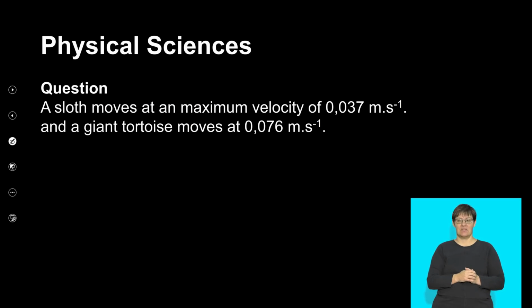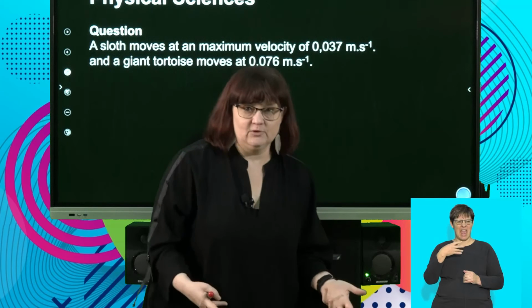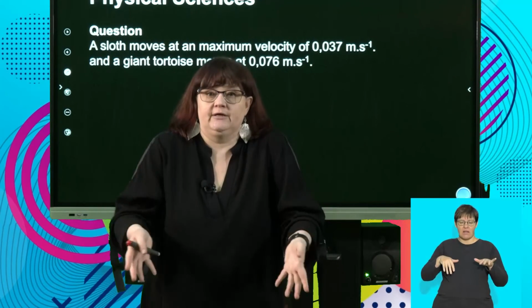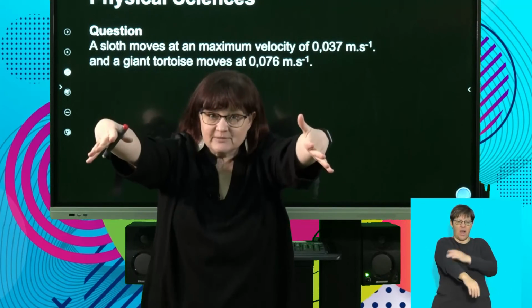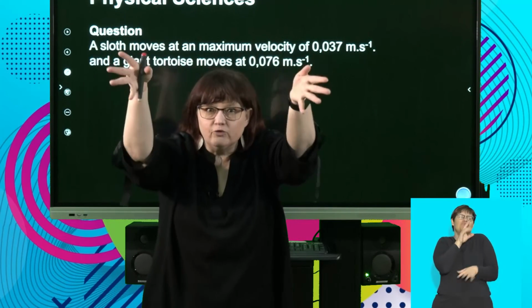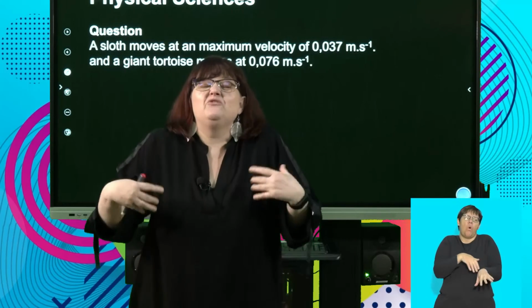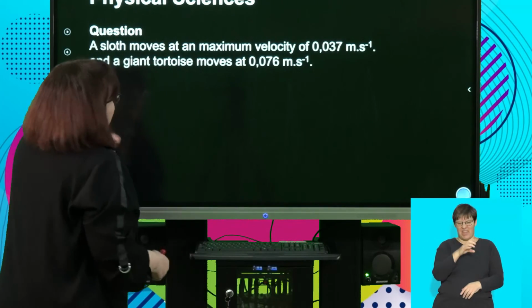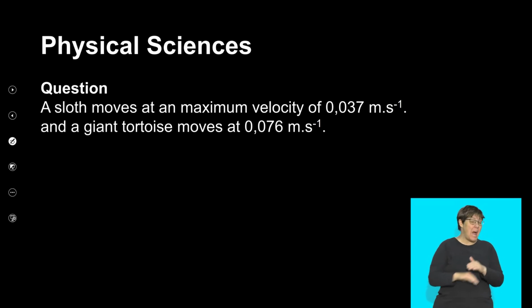Question. A sloth is an animal that moves very slowly. They have very long arms, and their babies are just too cute for words, but they move very slowly. It can get to a maximum velocity of 0.037 meters per second.